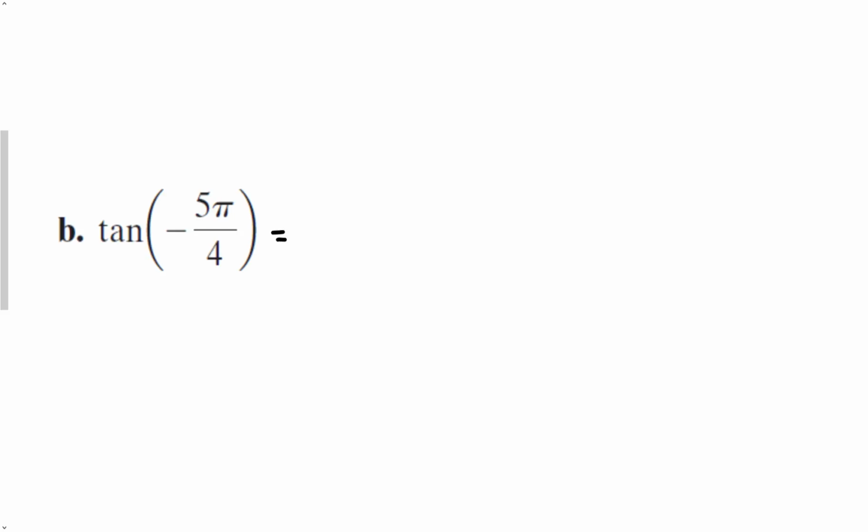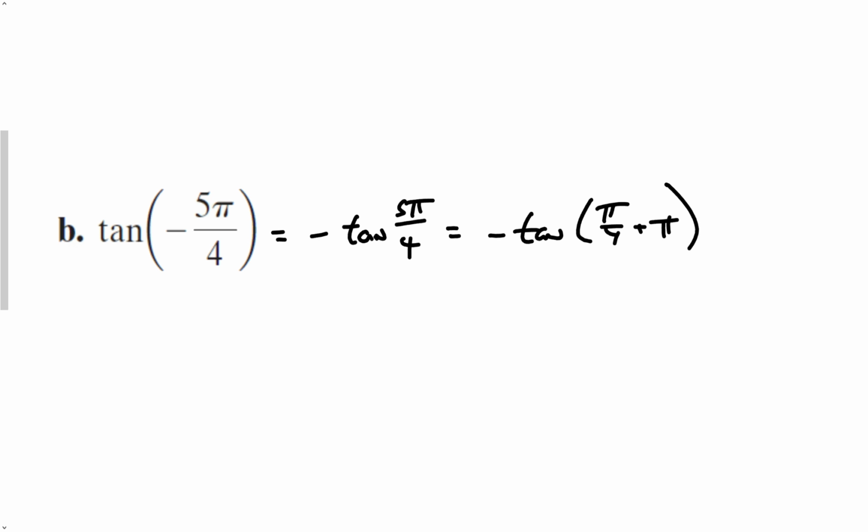So for this one, if we remember that tangent is an odd function, I change this to the negative tangent of 5 pi over 4. 5 pi over 4 happens to break down to pi over 4 plus another pi, which means that this one can just go away, because no matter what I do when I add pi, I'm always going back to the same answer.